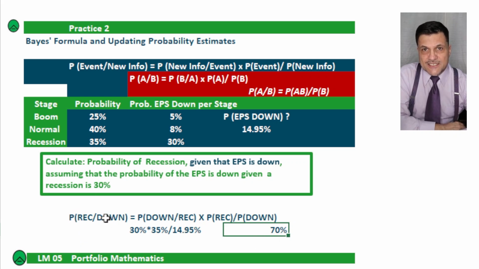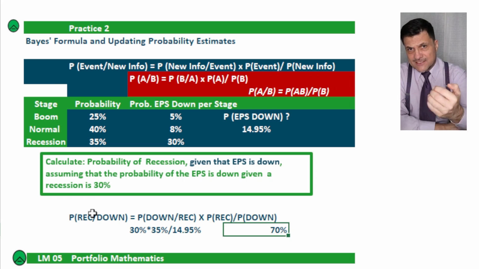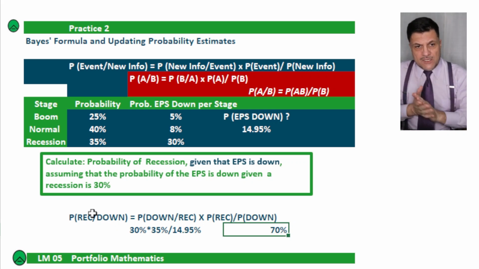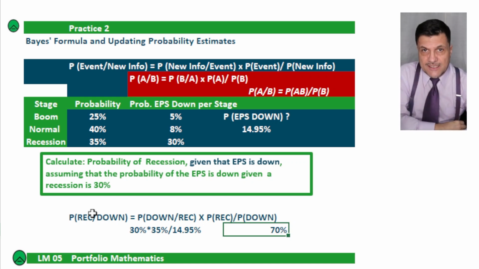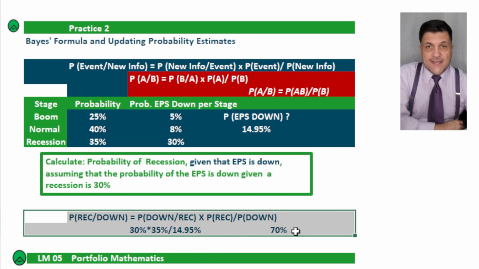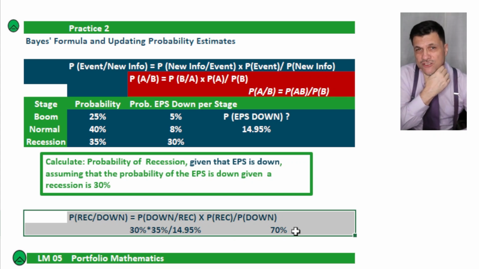So that's the earnings per share telling the financial analyst about the recession, versus the recession telling the earnings per share. That's the idea here. This is what you call the additional or complementary information. All right. So don't think that's too difficult. The Bayes formula is not too difficult.